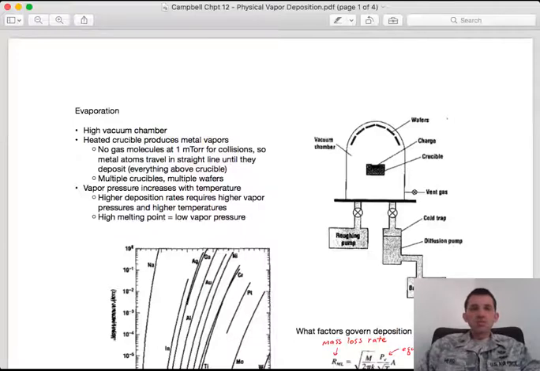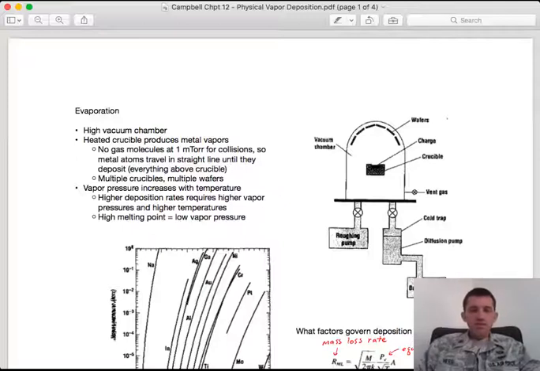And in metal deposition or physical vapor deposition, we have two general techniques that we'll talk about. The first is evaporation, and we also have sputtering. These techniques will take advantage of the vacuums and plasmas that we reviewed a couple of chapters ago. Evaporation, in particular, requires high vacuum, so it's done in a vacuum chamber.